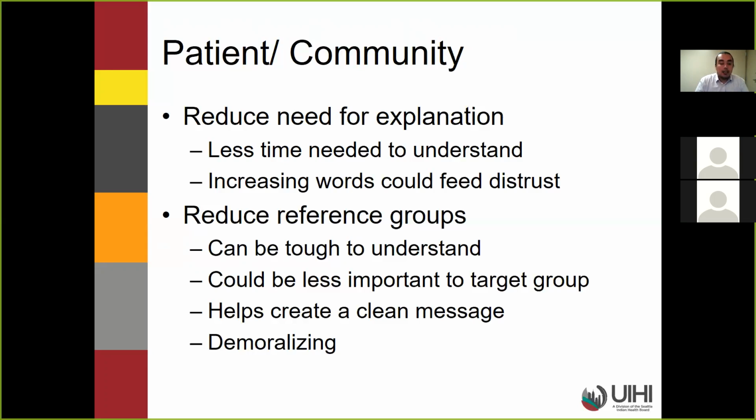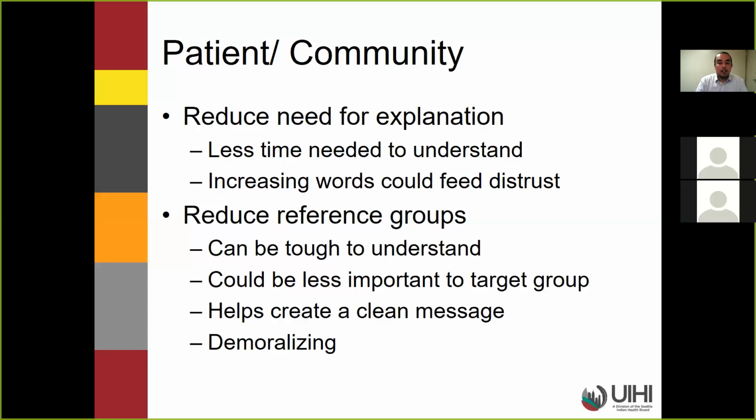So I try to reduce a lot of the auxiliary information that needs to be taken in order to understand the general numbers. This helps decrease the amount of time and energy that's needed in order to understand.